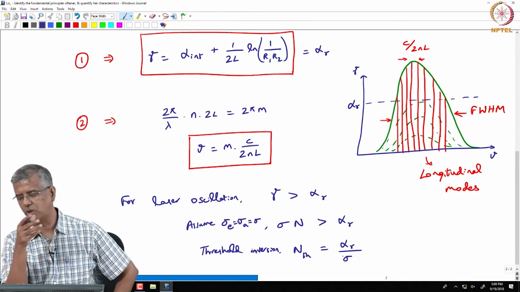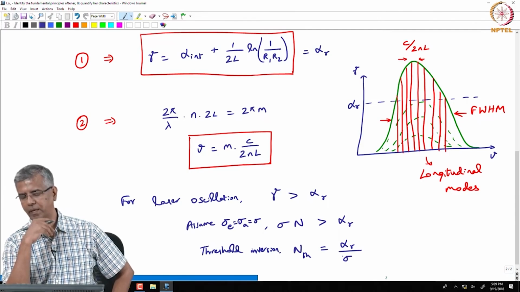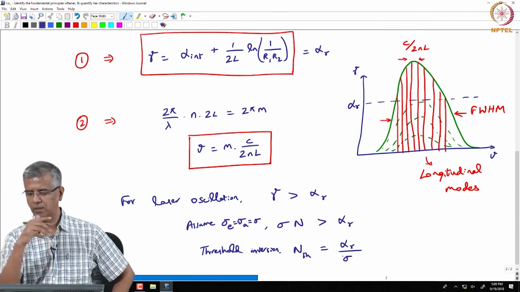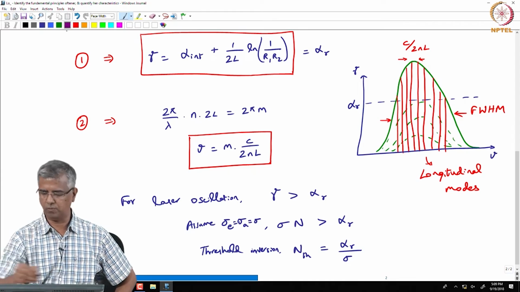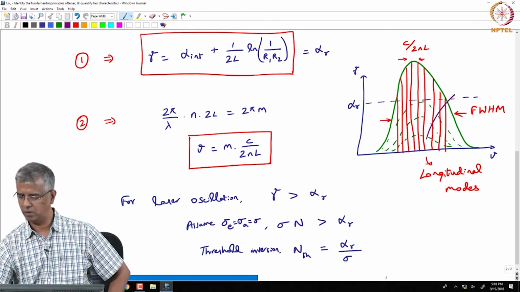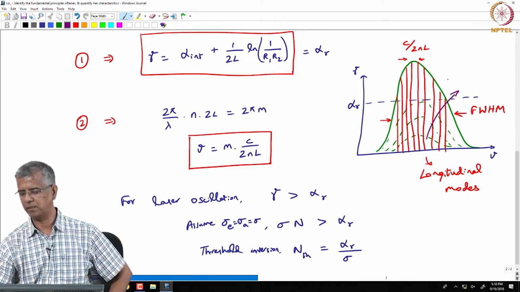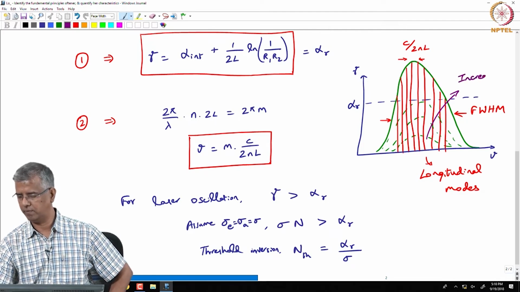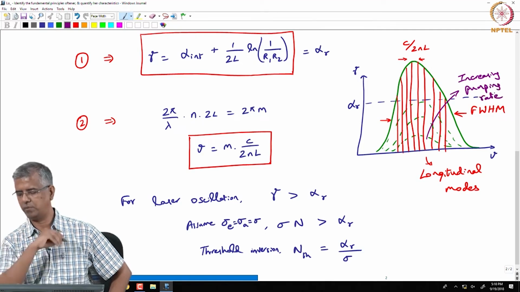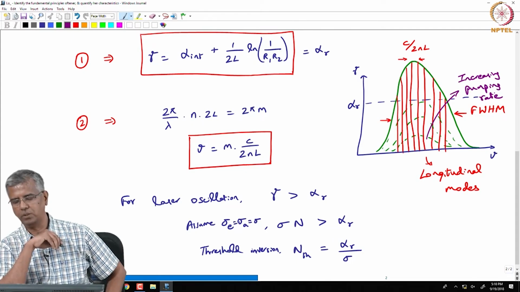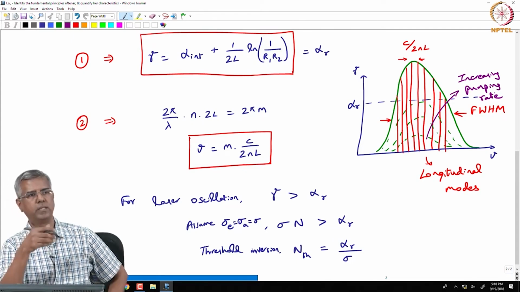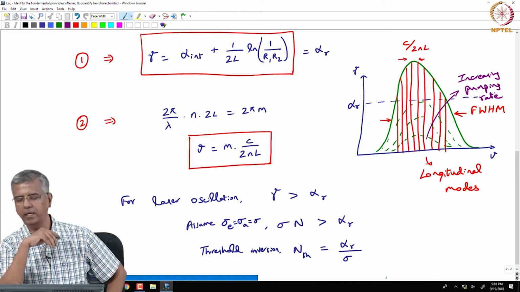What we are also saying is that this is a function of pumping rate, right. So, what we are looking at is increasing pumping rate. As we have increasing pumping rate, you get over this condition where you get over the loss inside the cavity.